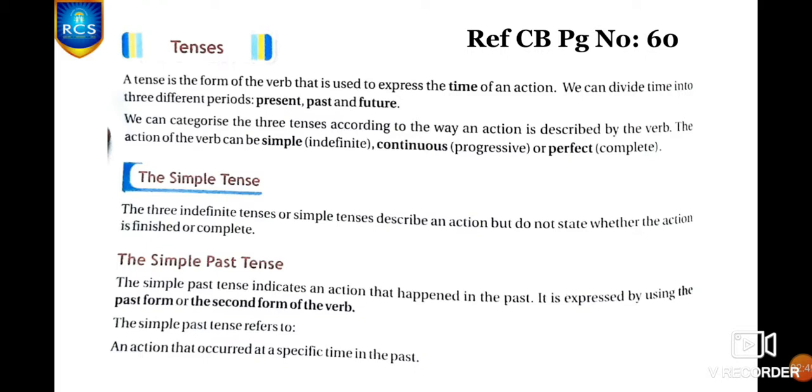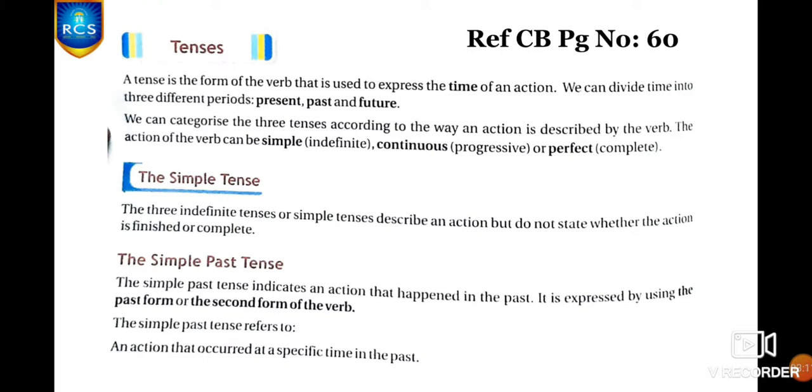And next is perfect. It is complete, the action that gets completed in either past, present, or future. We call it the perfect tense. Clear, children?